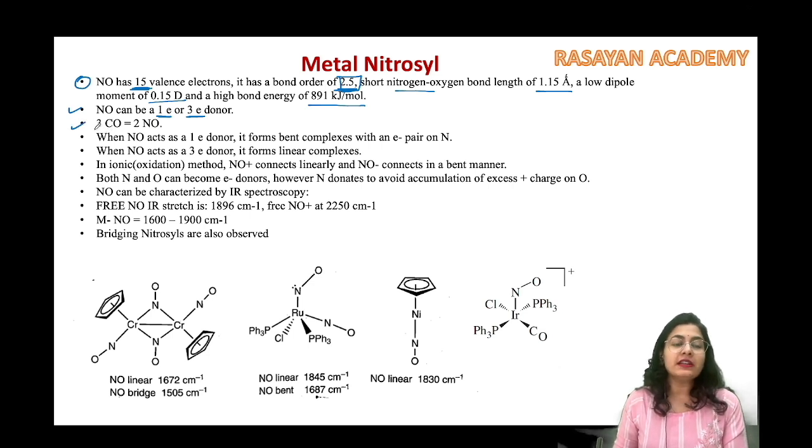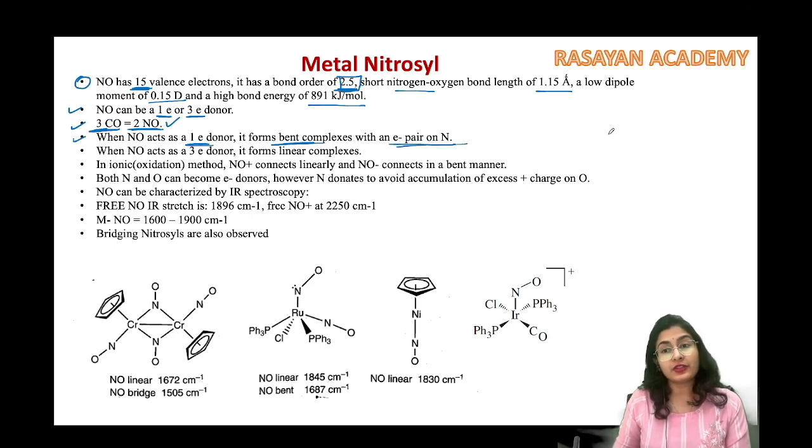We can just replace 2 nitrosyl with 3 carbonyls, because I've already shown you a carbonyl has 2 electrons, so 3 into 2 is 6. Nitrosyl can give you 3 electrons, so 2 into 3 is 6 again. So it does this kind of half substitution. So when nitrosyl acts as a 1 electron donor, it forms a bent complex with an electron pair on nitrogen itself.